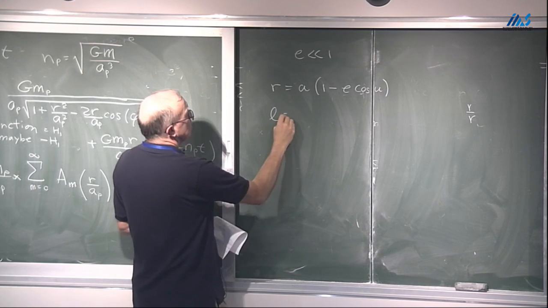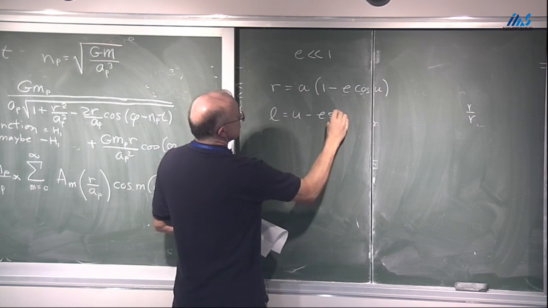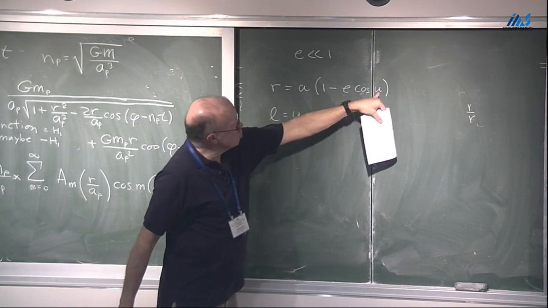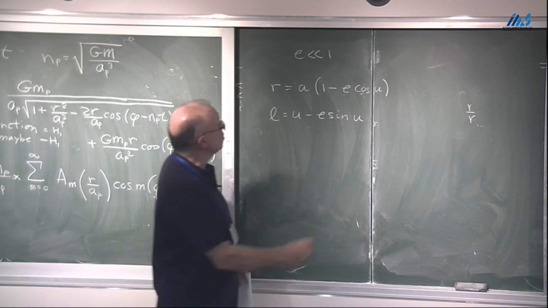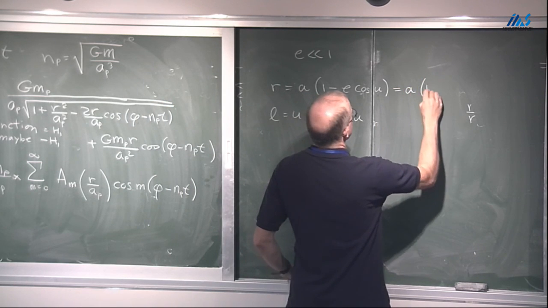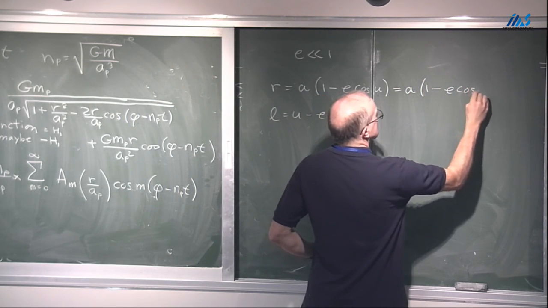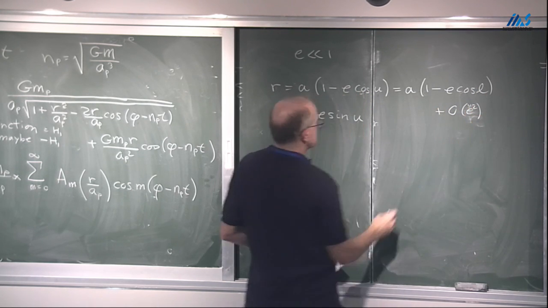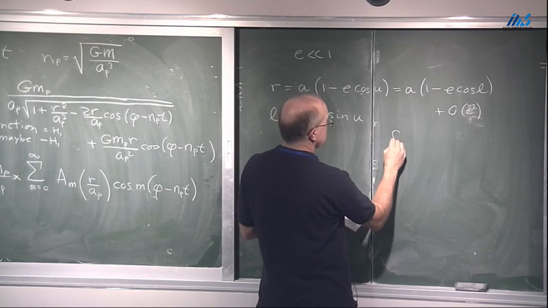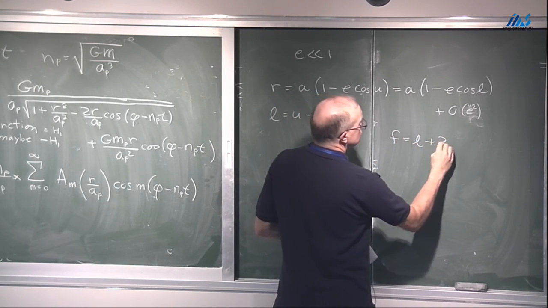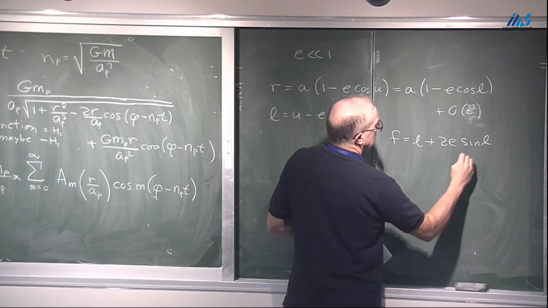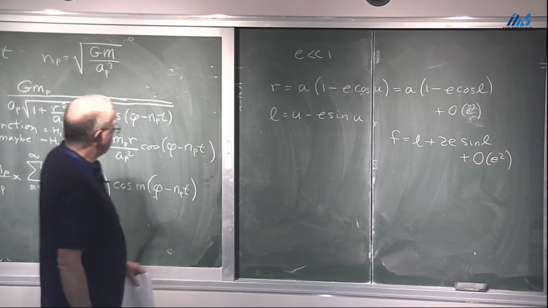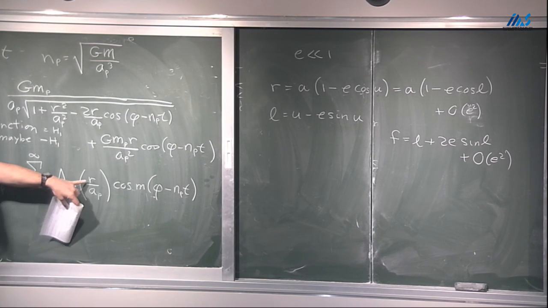We know that L is u minus e sin u. So to first order in eccentricity, you only need the relation between u and L to 0 order. So it's just a times 1 minus e cos L plus order e squared. Similarly, the true anomaly is L plus 2e sin L plus order e squared.